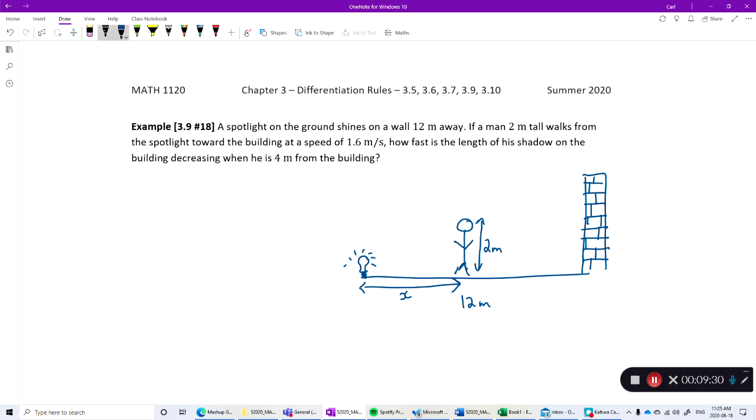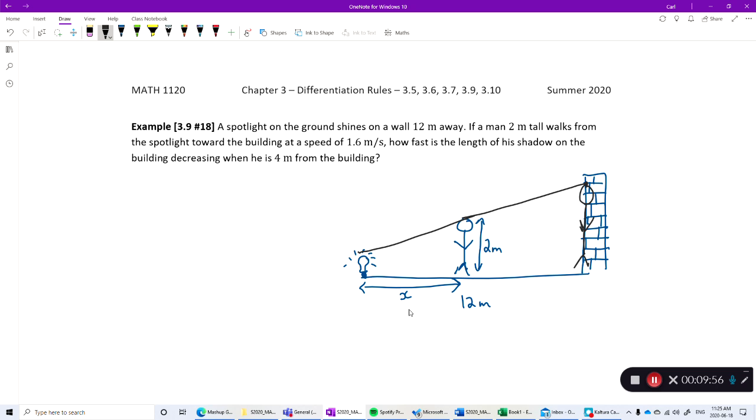How fast is the length of his shadow? Now, why is there a shadow? Well, the light that is blocked by the man will make a shadow, right? So let's draw his shadow on the wall. And as he gets closer, maybe it makes sense that the shadow is going to shrink, right?